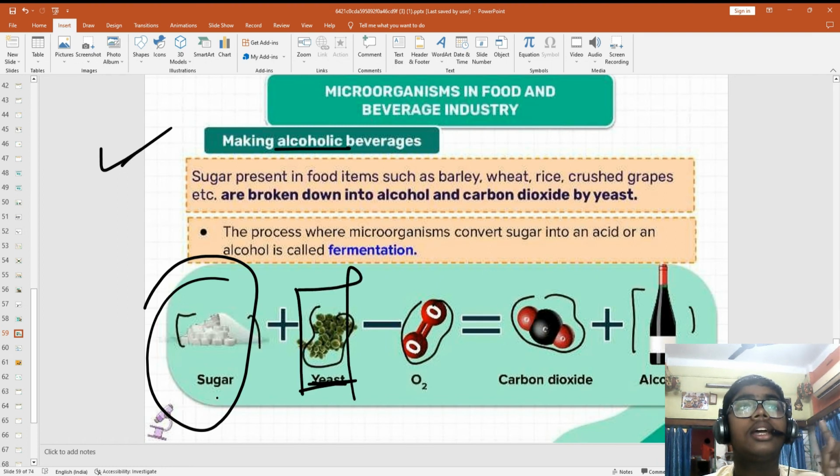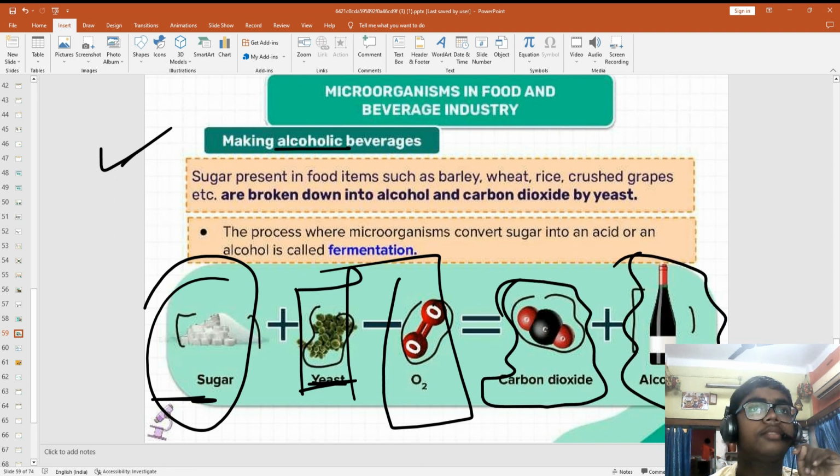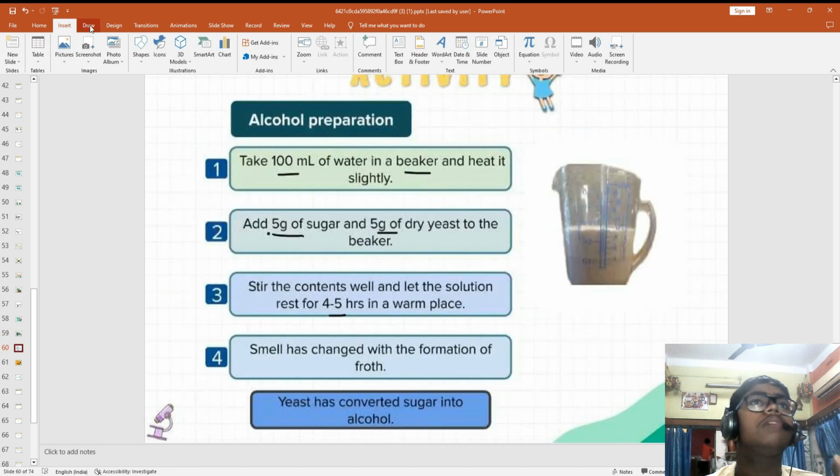Yeast decomposes sugar in the absence of oxygen into carbon dioxide and alcohol. The process where microorganisms convert sugar into an acid or an alcohol is called fermentation. This process we have learned, how the lactobacillus and the yeast convert. This is called fermentation.